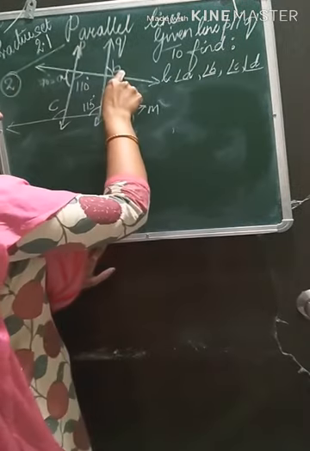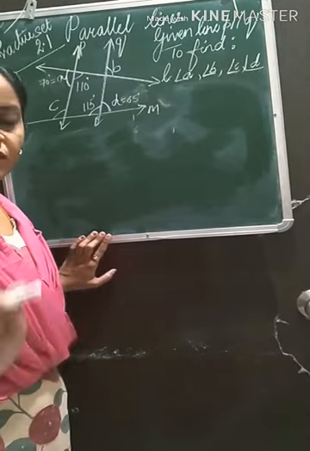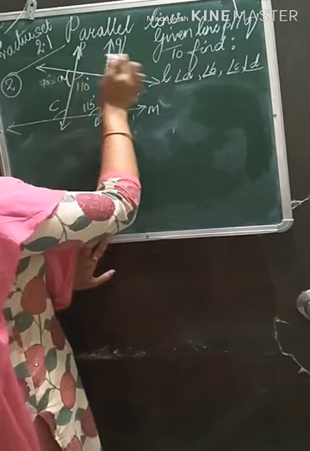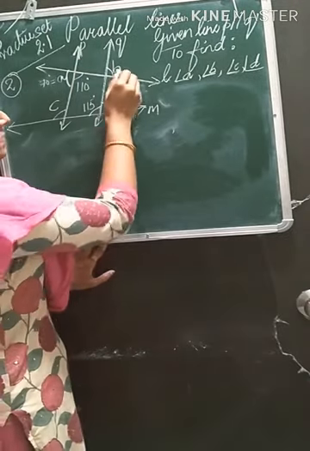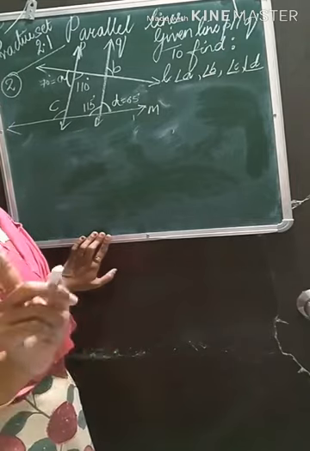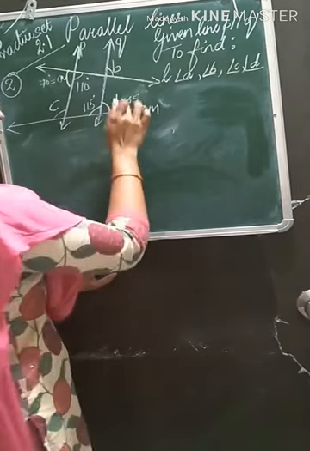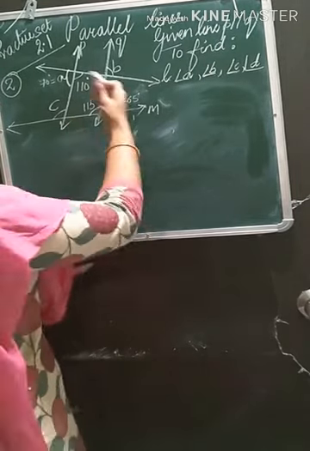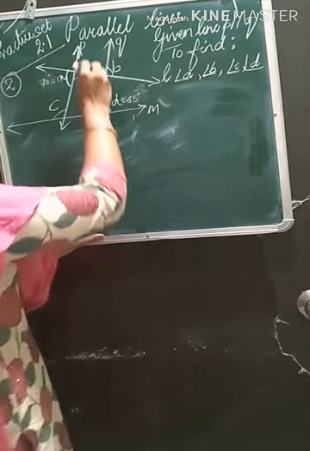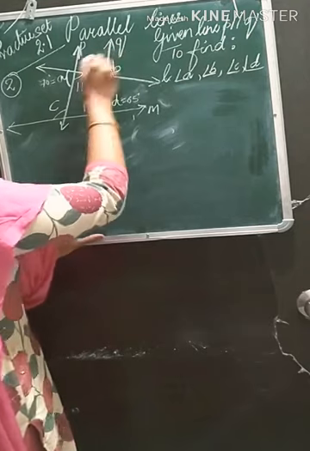So you can't take angle B congruent to angle D. It is wrong. I told you, angles should fall on P and Q. These two angles are falling on L and M. L and M are transversal, they are not parallel. So these two relations you should not take. Think about other corresponding angles, alternate angles, interior angles which is lying on these two lines.